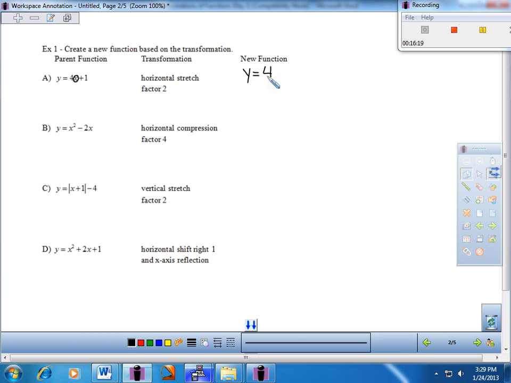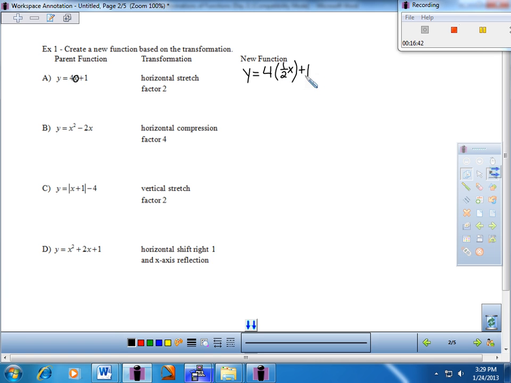I'm going to replace that input. If you read it carefully from the front side, horizontal stretch was the 1/k times x. So if it's a horizontal stretch factor of 2, I'm going to replace it by 1/2x. Look at the front side if you're unclear about that particular piece.